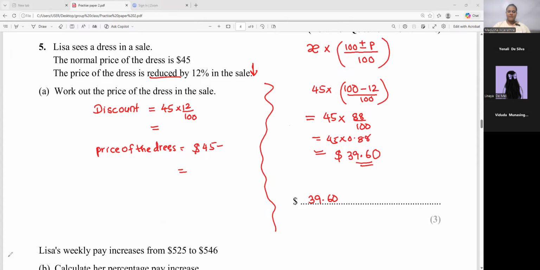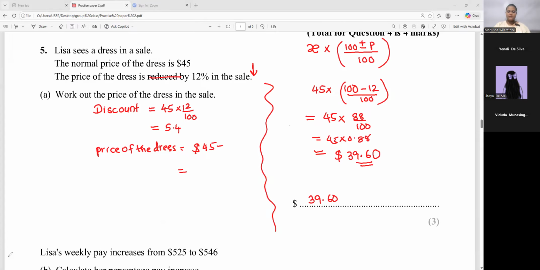If it's an increase, add it to the price. Since this is a decrease, we have to subtract. 45 minus 5.4 is 39.6. Practice doing it at once, then it's easy.